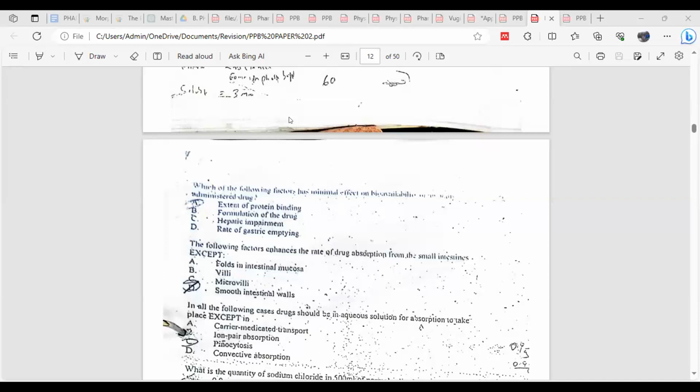Yes, it's not. Bioavailability is much lower, the more protein. I would go with that extent of protein binding. Yeah, that would be my last choice, my last choice of all. Between C and D for me.